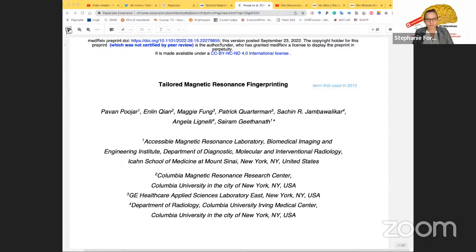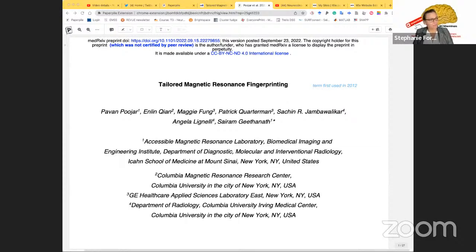Now, scan efficacy in this case means the number of MR contrasts and quantitative maps acquired per given unit of time. Now, what they achieved using this approach is that they get a whole brain in 4 minutes compared to 20 to 30 minutes that we usually have, which is quite an exciting acceleration of scanning time.